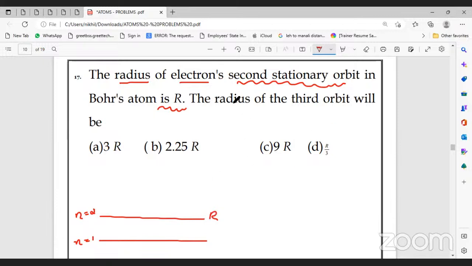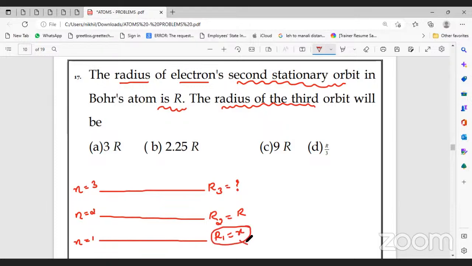Now what are they expecting? They're expecting the radius of the third orbit, n equals to 3. R3 they are expecting. What is R2? The radius in the second orbit is given, R. Now, you don't know the radius in the first orbit, students. Assume the radius in the first orbit is x.